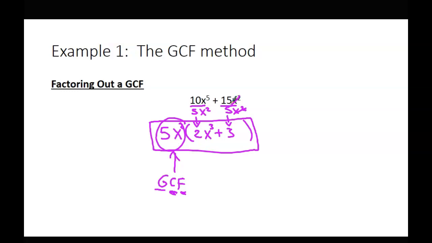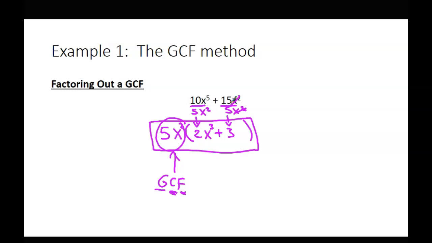The word factor, by the way, who could define factor for me? Not the verb, but the noun factor. Not with a phone, just with your mind. Okay, a factor is a number or an expression that can be divided into another number.